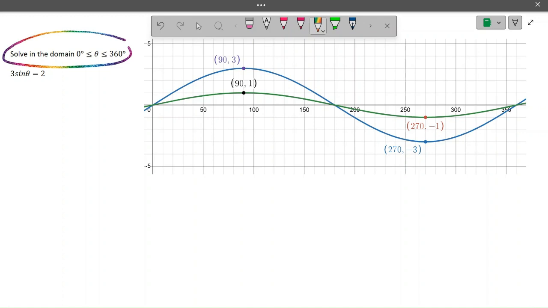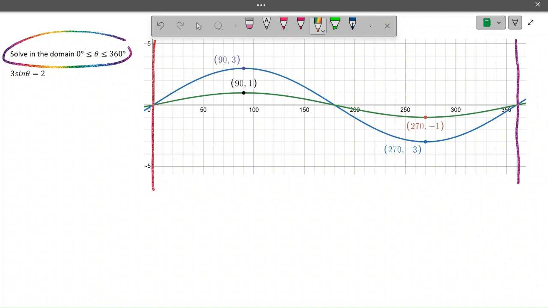This tells me I'm looking at all values from and including 0 all the way to 360 degrees. This should be a reminder before we get started to adjust your calculator so you are in degree mode, making sure that you are not in radian mode. So we know that we are only looking for answers within this domain.